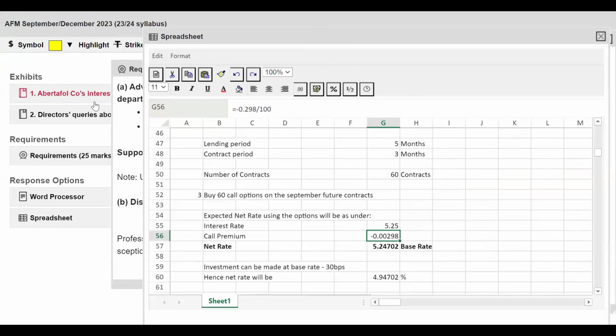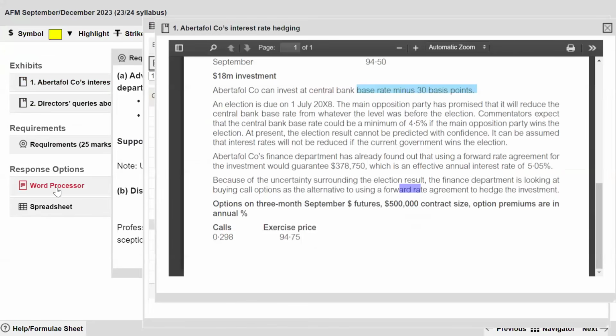Okay, so now you would say there was this 5.05% that was achieved.